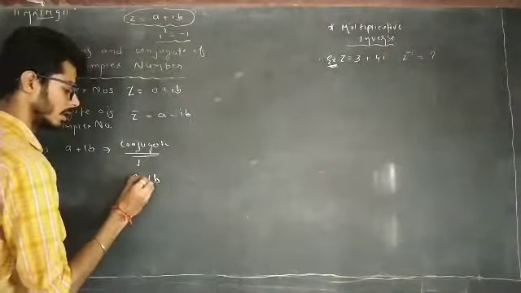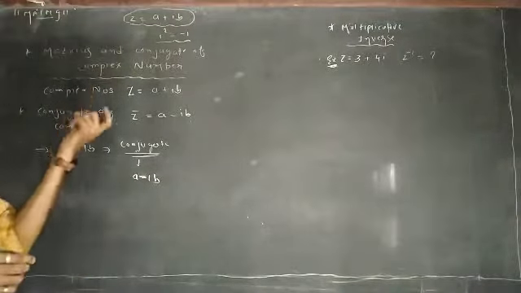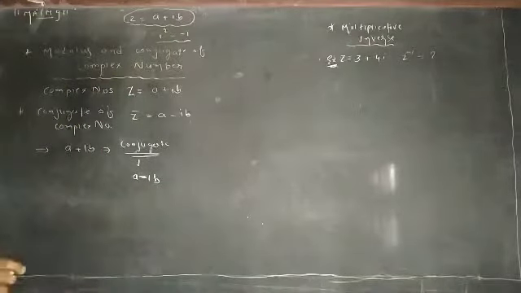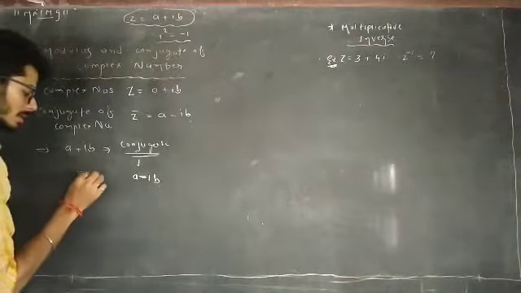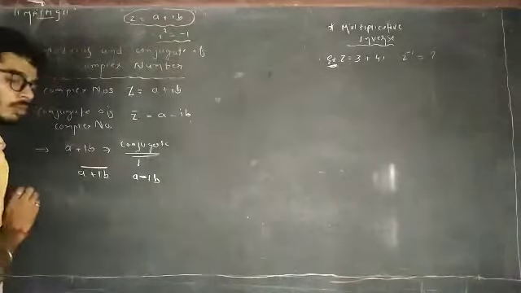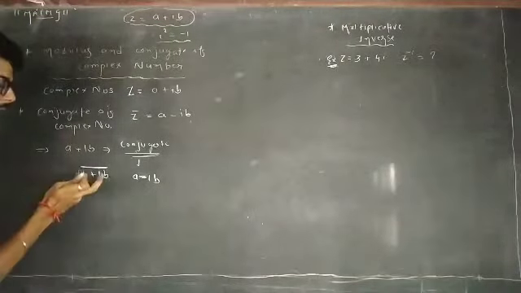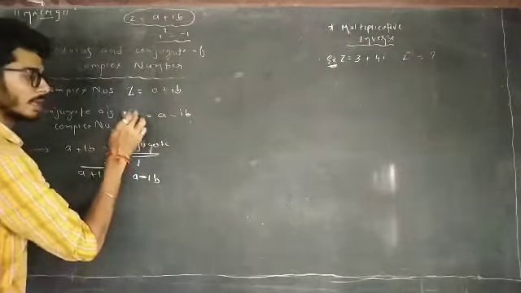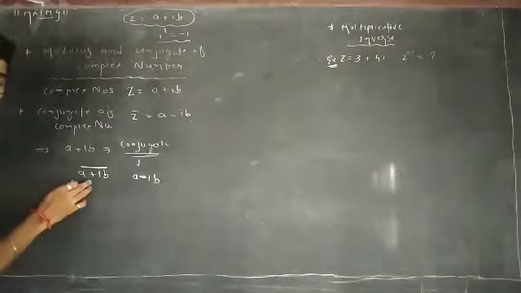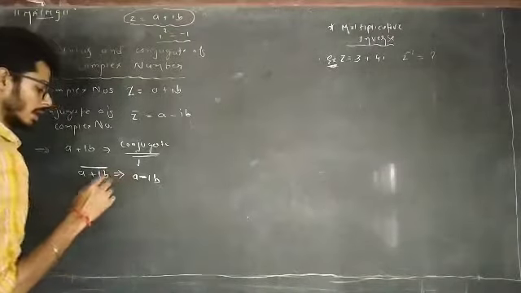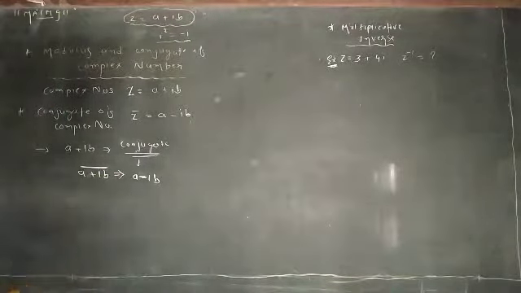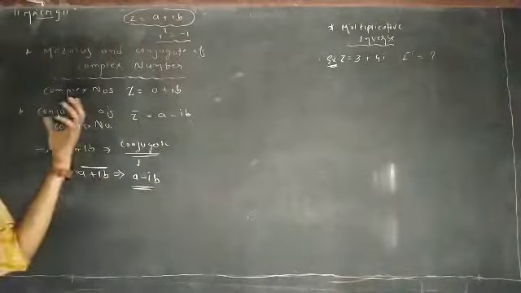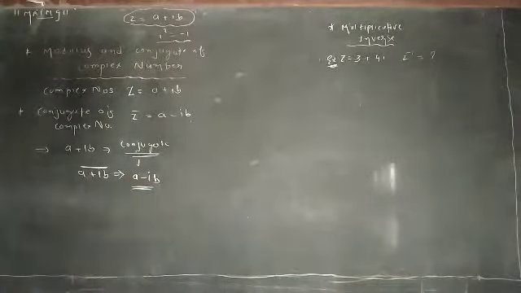Sometimes the question is written like that, to find the conjugate, but sometimes the question is like this also: what is the value of a plus ib bar? Bar means z bar, and over here z is equal to a plus ib. Then a plus ib bar is equal to a minus ib, which is the conjugate of our complex number.